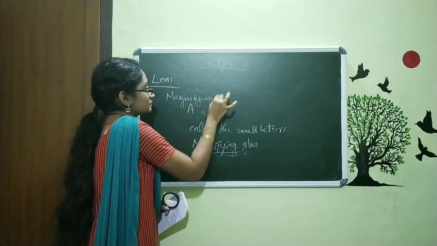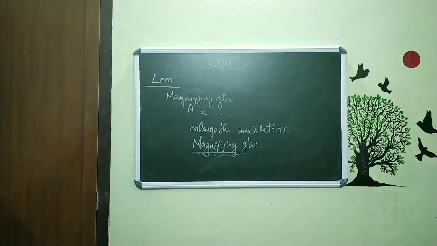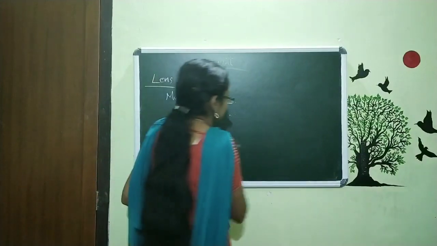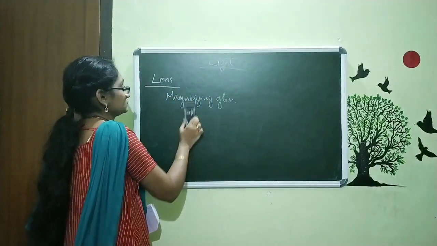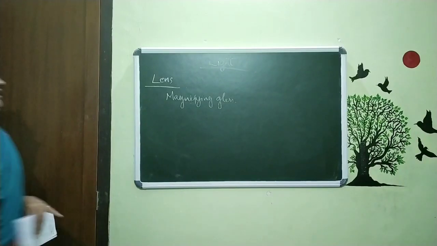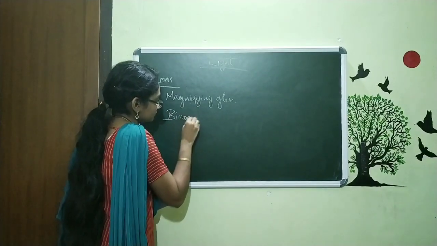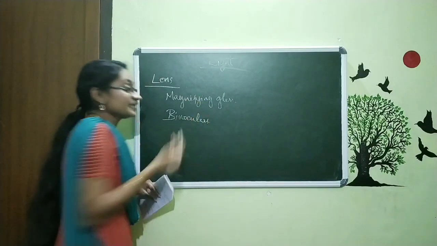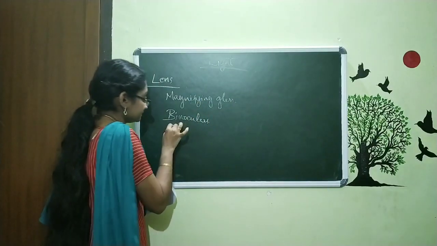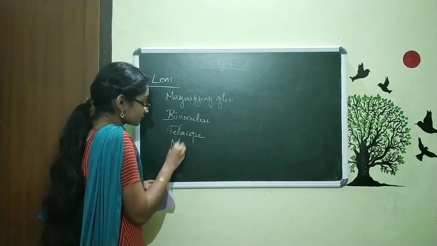Magnifying glass. Which are the other examples where we can see a lens? You can see it in binoculars, in the telescope, in the microscope.